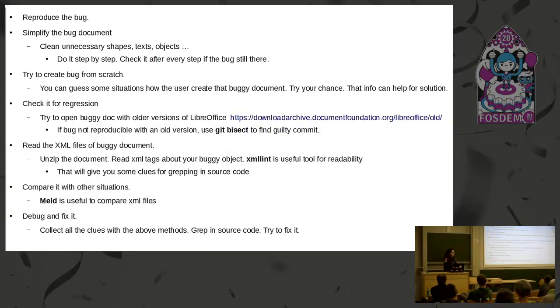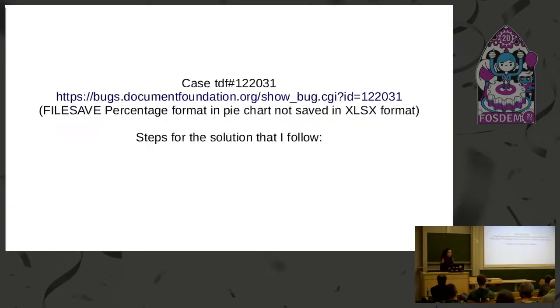It has a nice visualization and it allows us to compare directories. After that, when we have picked up all the clues, we should grep the source code, debug and try to fix it. I want to give an example that I solved before.